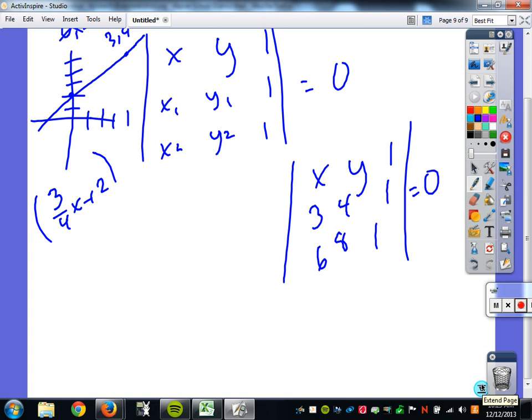Anytime you see a subscript, what that really represents is a point. Remember back in the day, slope was y2 minus y1 over x2 minus x1. That's the y value of a point and the x value of that same point. Subscripts mean points. Does that make sense to you?